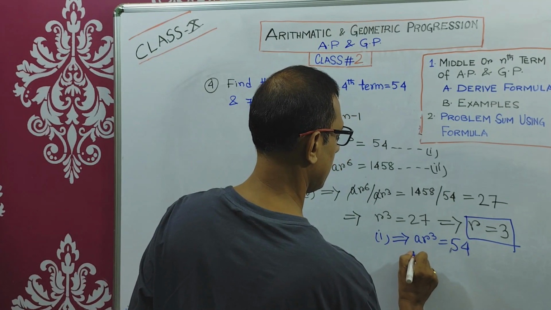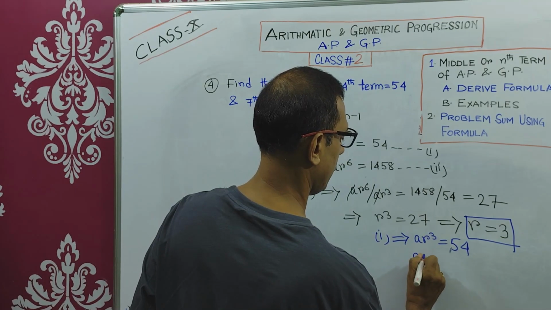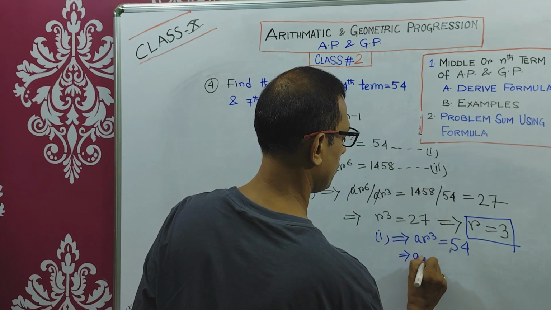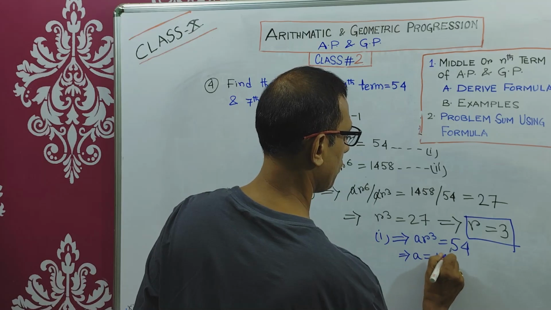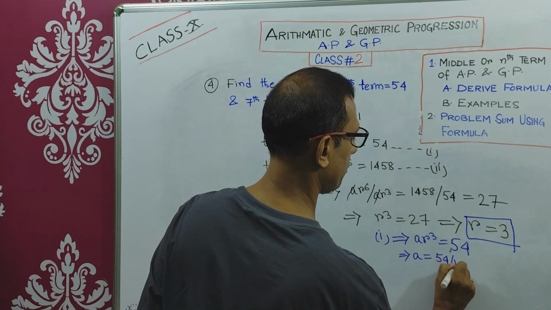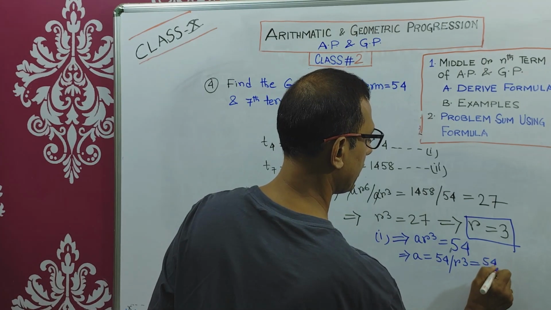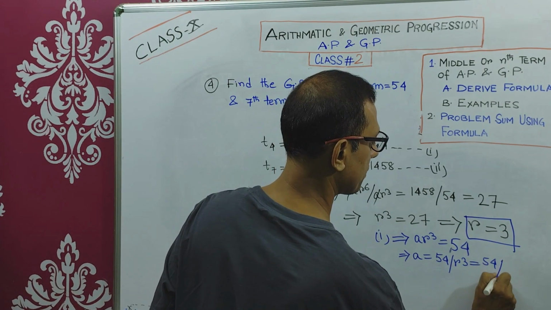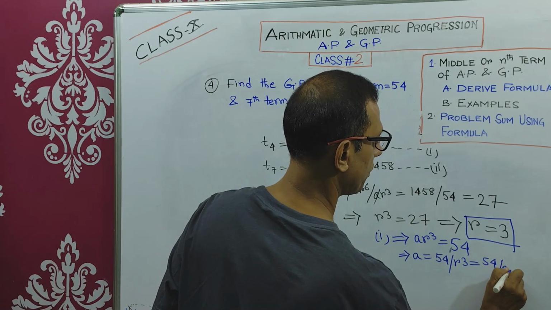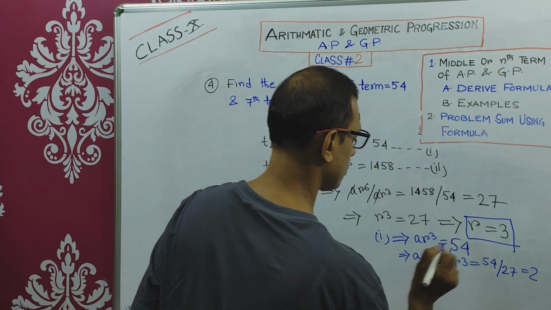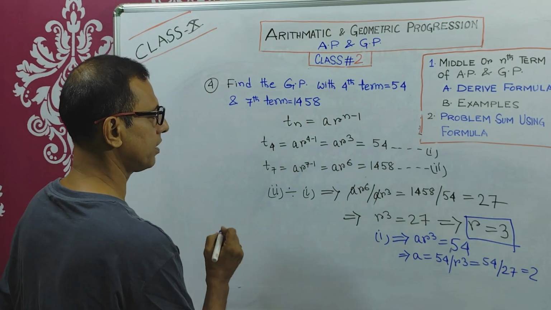That means A equals 54 by r cube equals 54 by 3 cube. r is 3, that means 54 by 27 equals 2. So it starts with A.